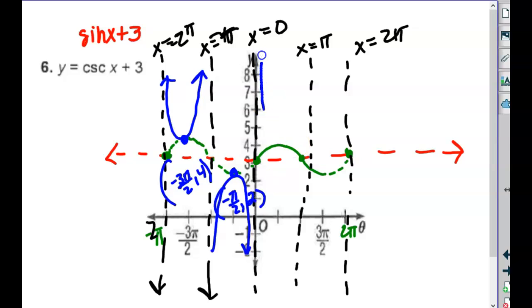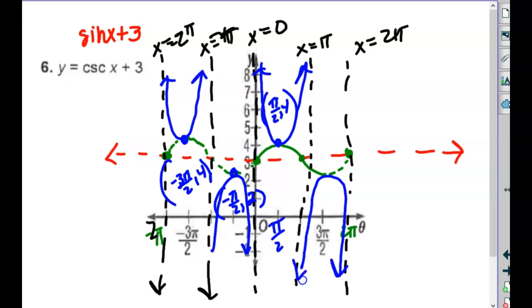The next one would be at, anybody got that one? Pi over 2, comma 4. And finally, one more over here at 3 pi over 2, comma 2. Is that 2 periods worth?